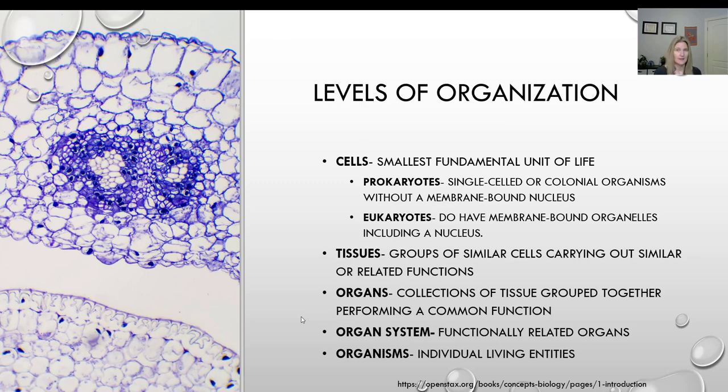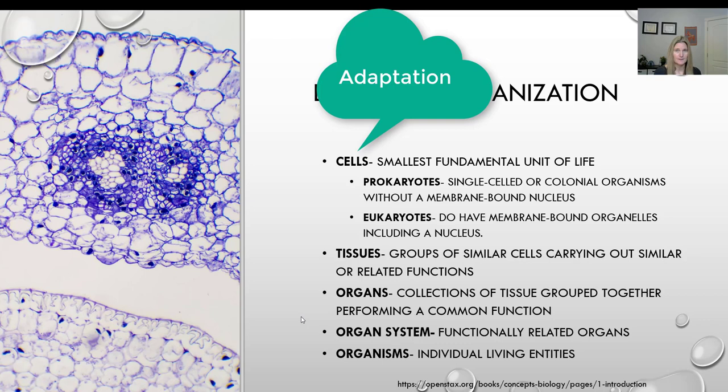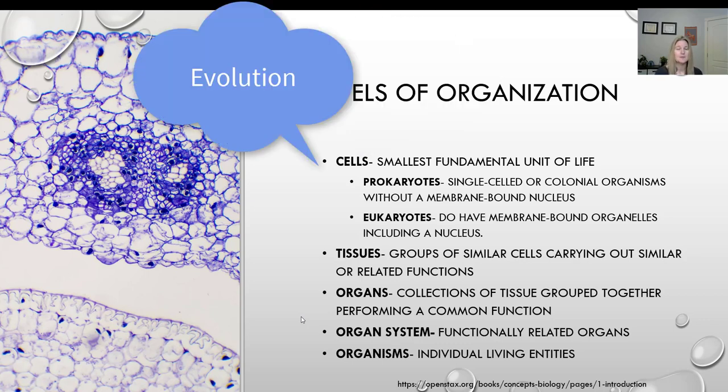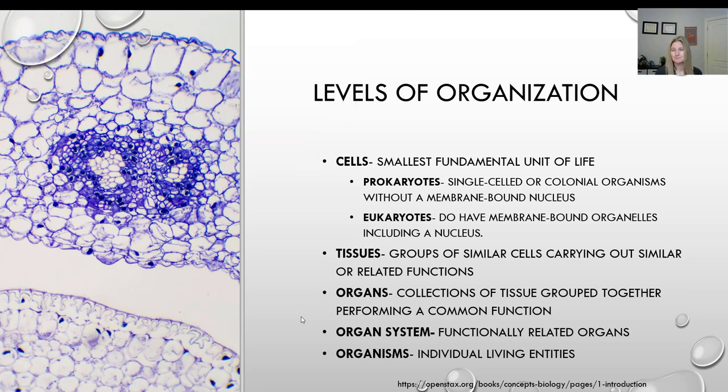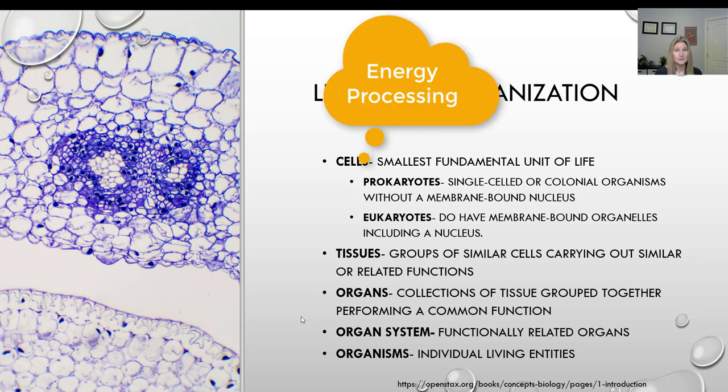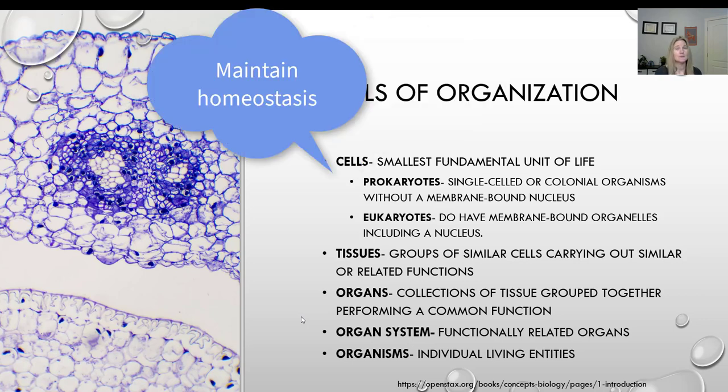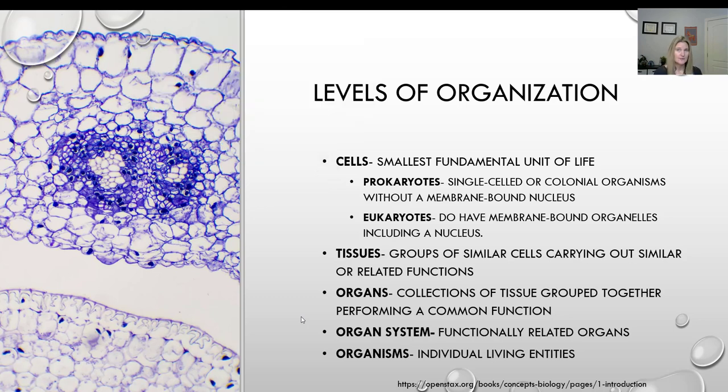Cells can adapt to the environment that they are in. Cells can evolve over time. That's how we get things like a heart cell versus a liver cell and so forth. Cells can process energy. We talked about the mitochondrion. Cells can maintain homeostasis. Okay, so all of those are properties of life which cells have. So cells are the smallest unit of life.